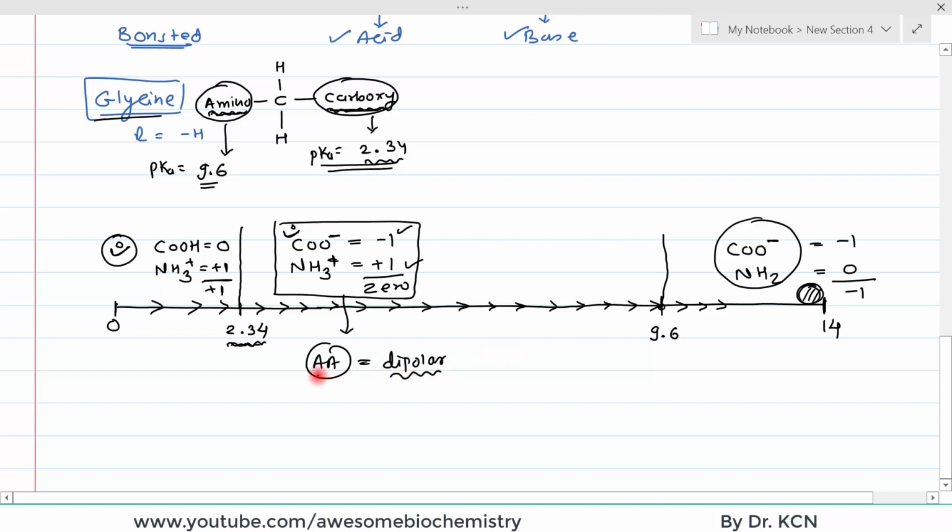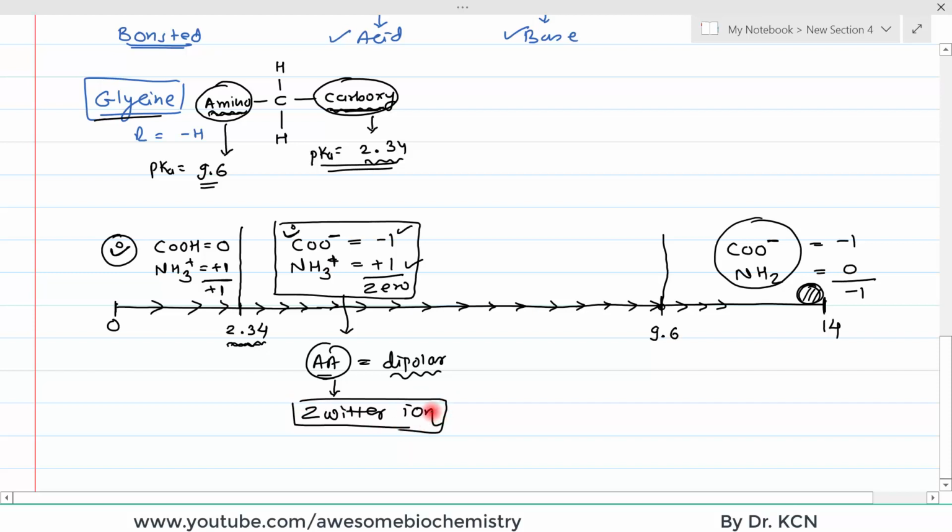Okay, so whenever such a scenario is there, that the amino acid carries both the charges in equal number, positive and negative, what will happen? The net charge of this amino acid will become 0. At that time we can call that particular amino acid a Zwitterion. So what is the definition of this Zwitterion?